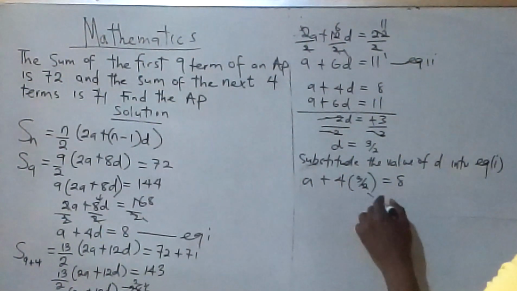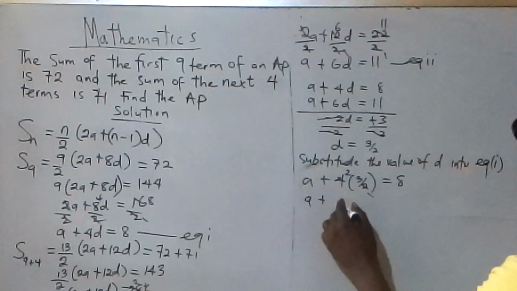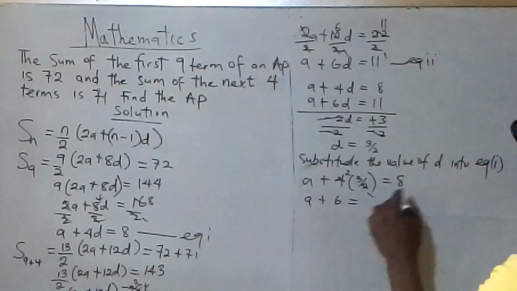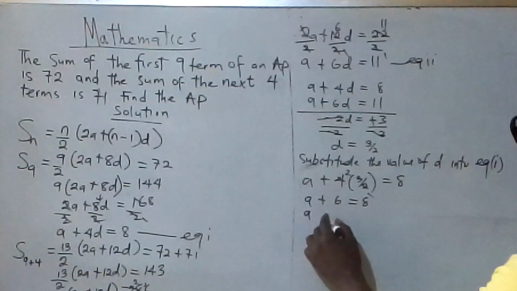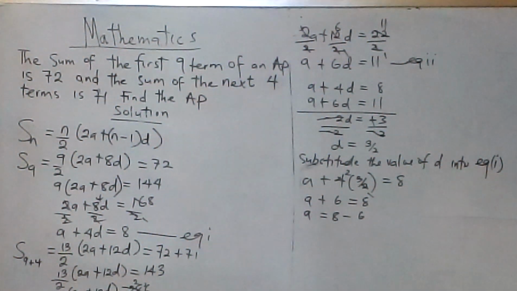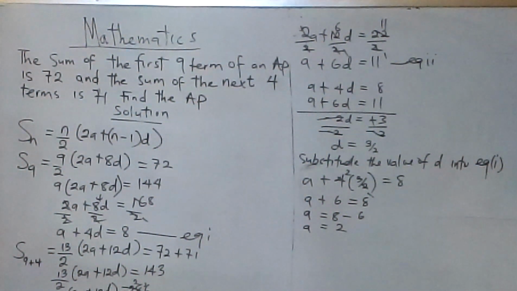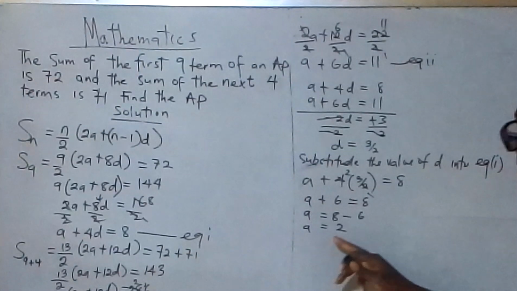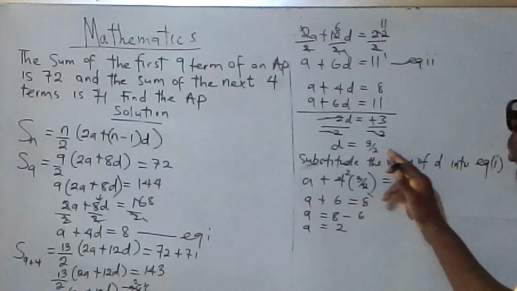So the 2 cancels here, and I have a plus 6 is equal to 8. Therefore, a is equal to 8 minus 6, which is 2. Now I have gotten our first term as 2 and our common difference as 3 over 2.